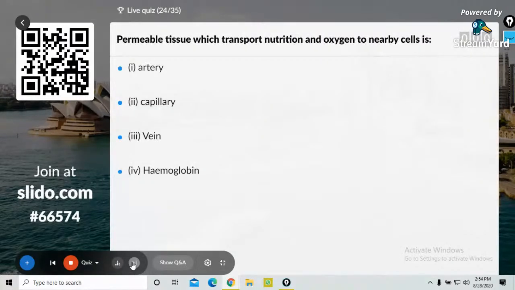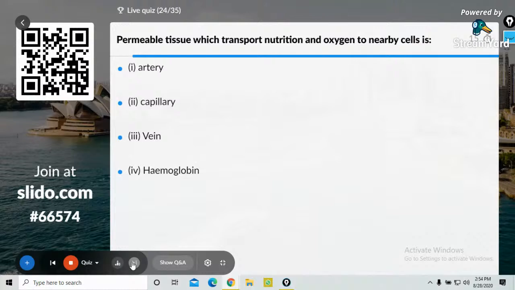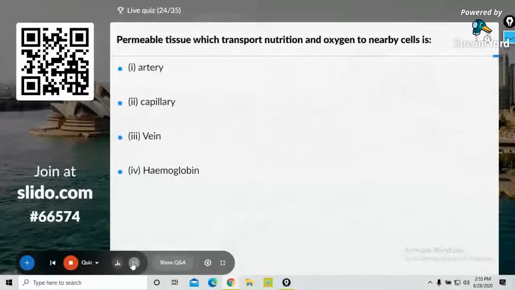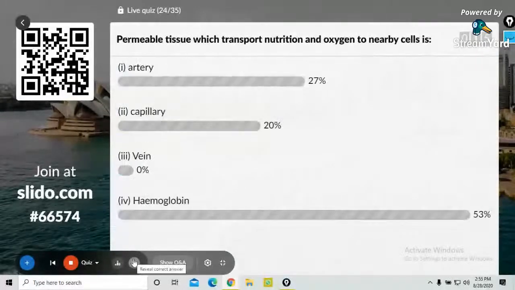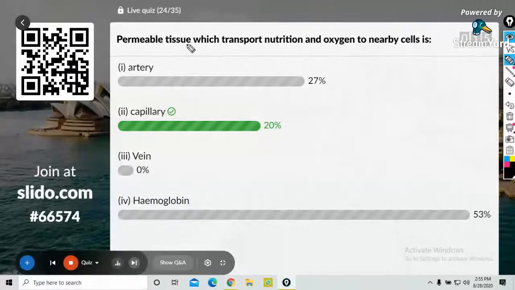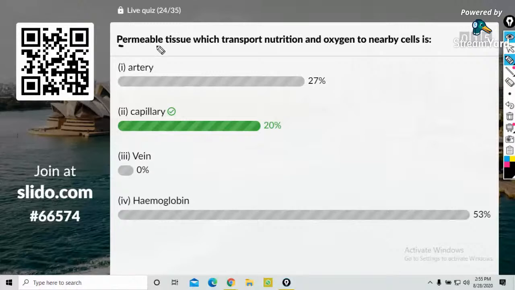Permeable tissue which transports oxygen and nutrition to the nearby cells is called artery, capillary, vein, hemoglobin. I'm asking about the permeable tissue which transports nutrients and oxygen to the nearby cells. Yes, guys, it is capillary. Open up your eyes, guys.